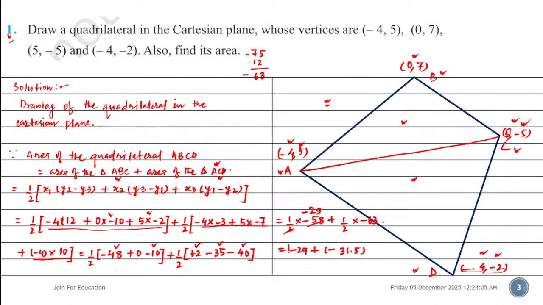We know that area will never be negative, so this is 29 plus 31.5, equal to 60.5 square units. This is the answer, the area of the quadrilateral.